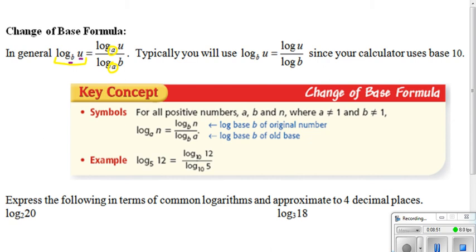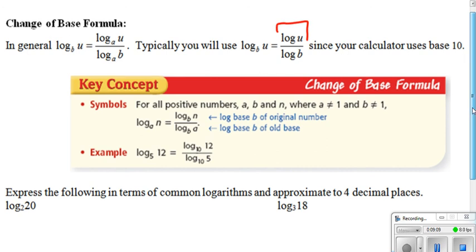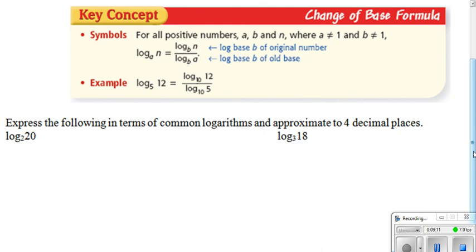Then we can pick what we want our value a to be, which is very useful if we pick a to be 10, because then we can just change it to a common logarithm and say that it's log u over log b, which is nice because our calculators always use log base 10. That's just the log button.